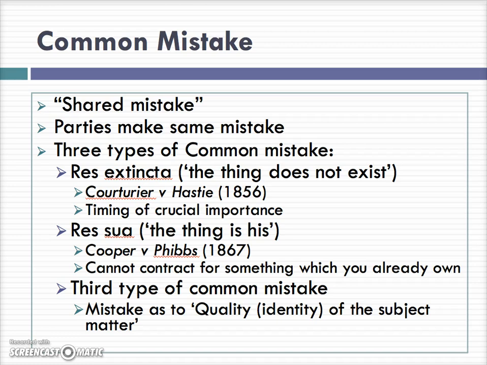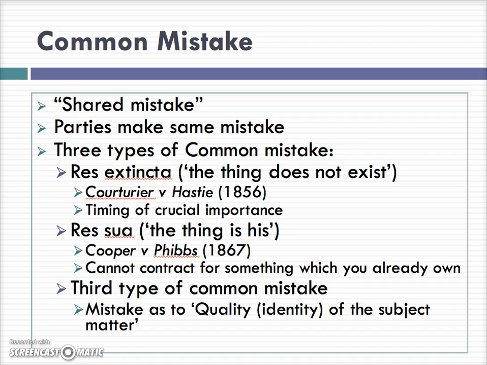The second easy one is res sua. Res sua literally means the thing is his. This is a situation where there is a transaction involving something that is passed from one person to the other. However, the person who purportedly buys that something already owns it. And so obviously you can't have a situation where someone buys something that they already own. And so those kinds of contracts are void for common mistake because of res sua, because the thing is already his.